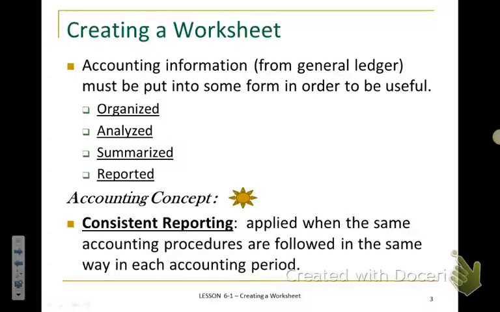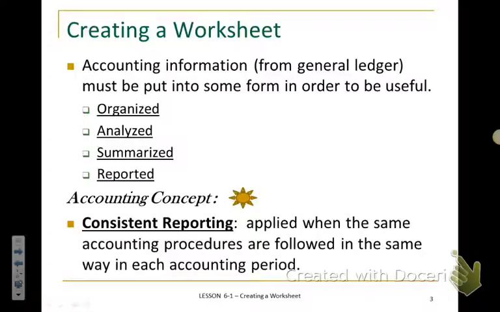In accounting, we have another one of those concepts. It's called consistent reporting. And all consistent reporting is applying the same sets of procedures and processes time and time again. You're going to follow the same ways of doing things.